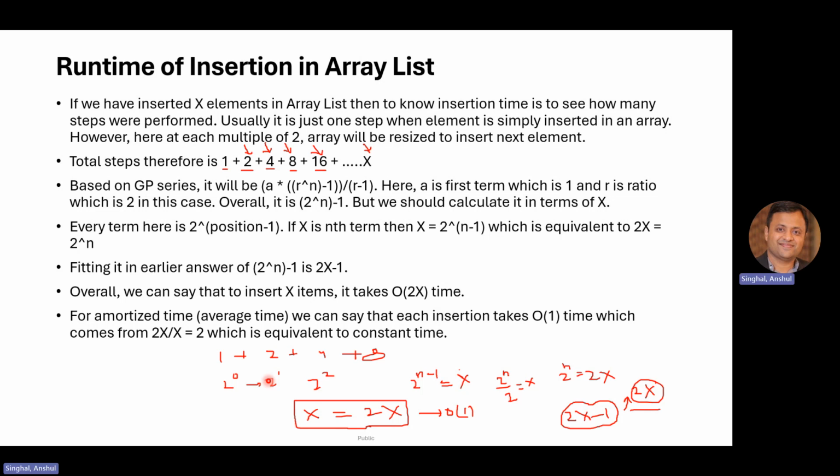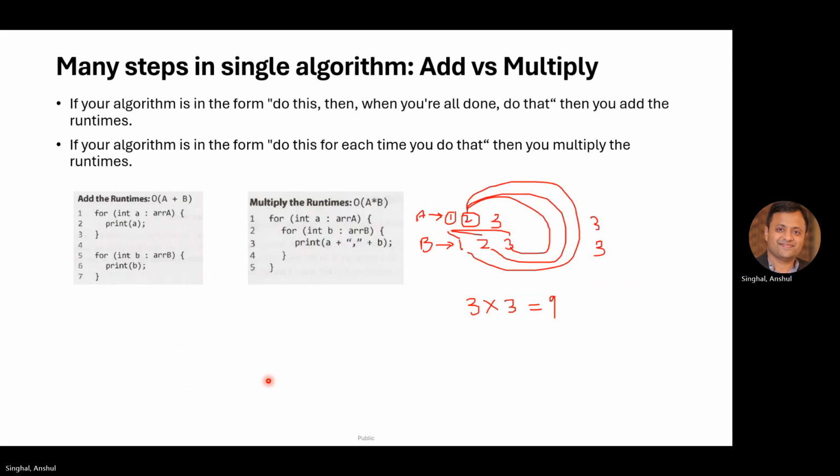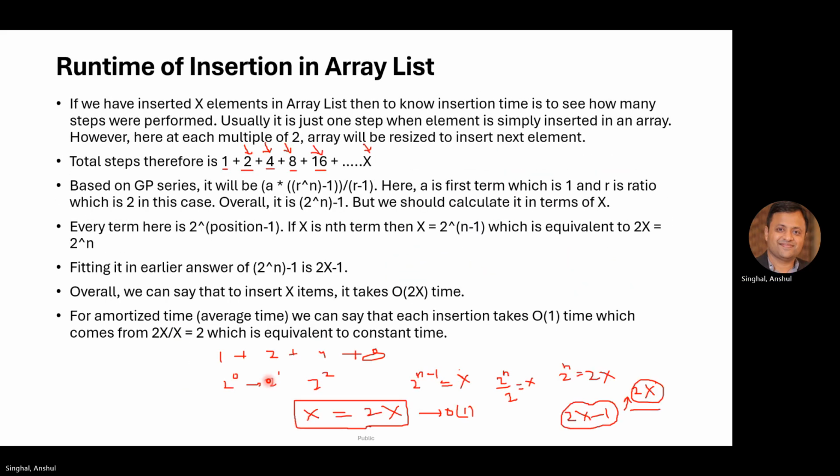I will not go through that example again. You can refer to part 4 to go through it, but we found that the runtime of insertion in array list comes out as order of 1.